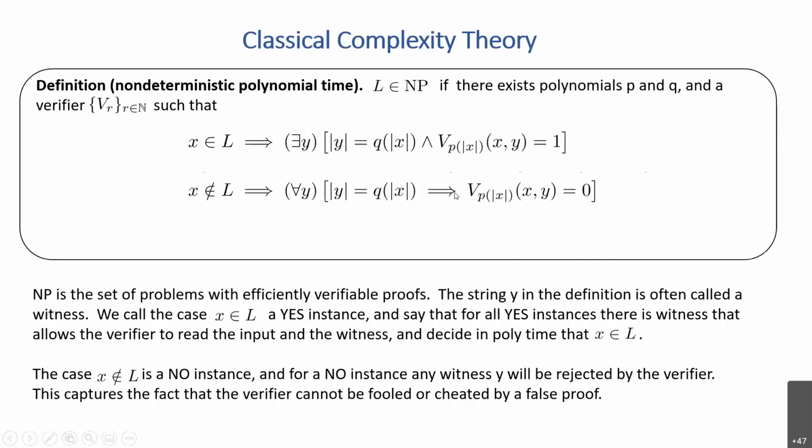So there is some witness that allows this verifier family to recognize that x is in the language. The second part is crucial as well: if x is not in the language, then for all witnesses of this length, the verifier family will reject. This second case means that the verifier cannot be fooled or cheated by a false proof, and that's crucial to making this interesting.